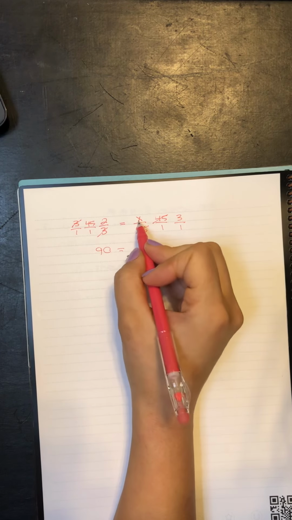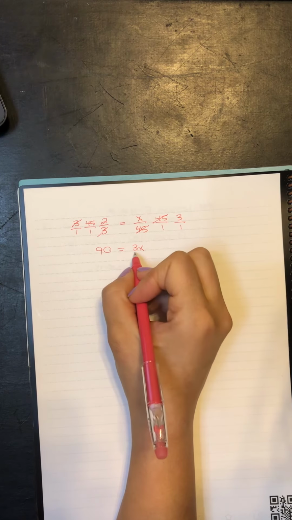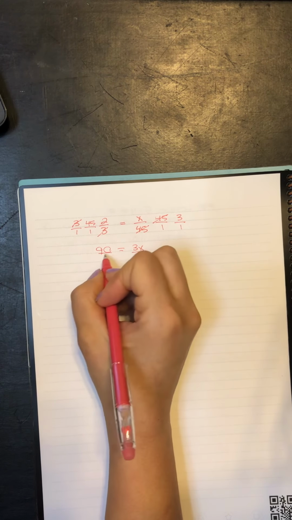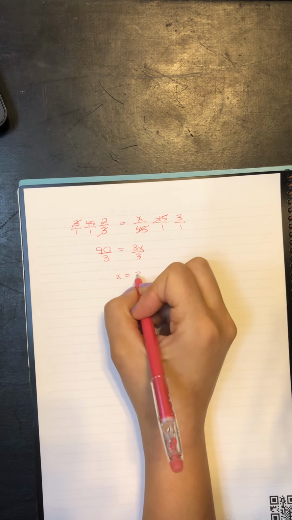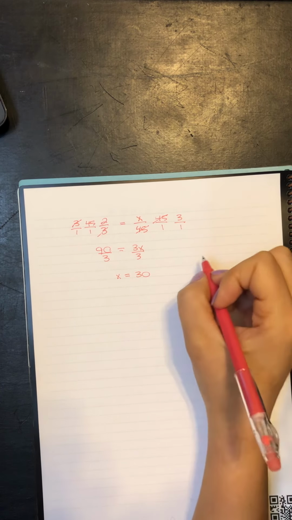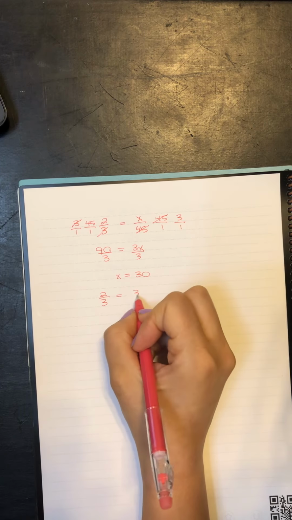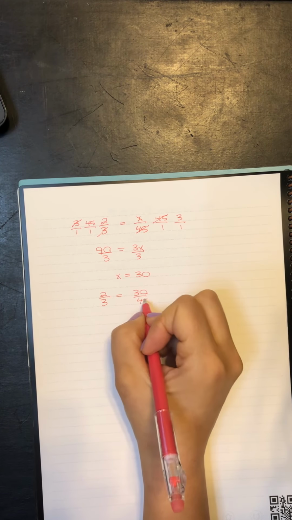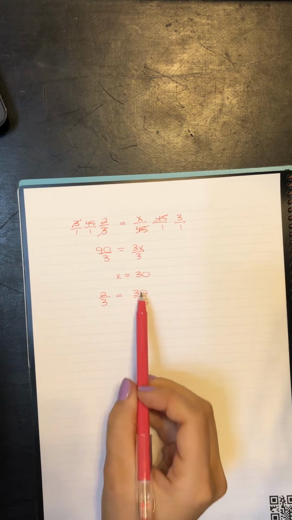And on this side, I'm left with x and 3, which just makes 3x. And so if I solve, I divide by 3, and I get x is equal to 30. So 2 over 3 is equal to 30 over 45.